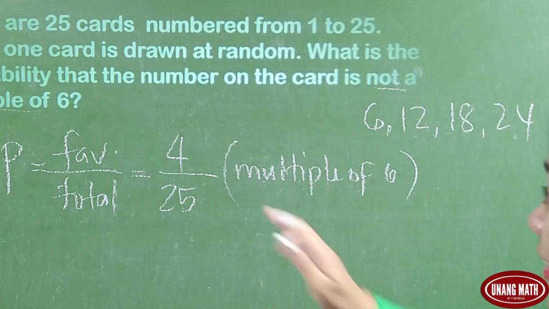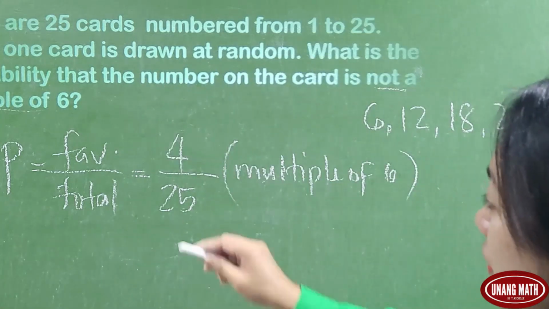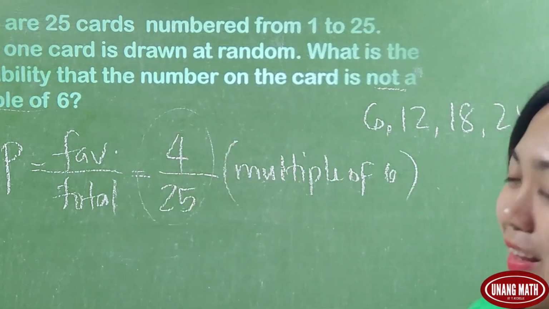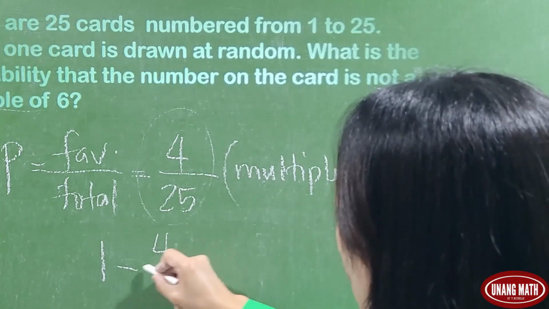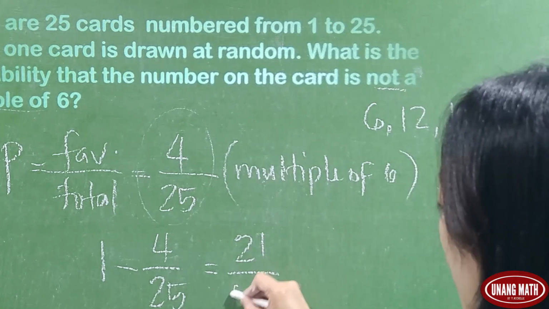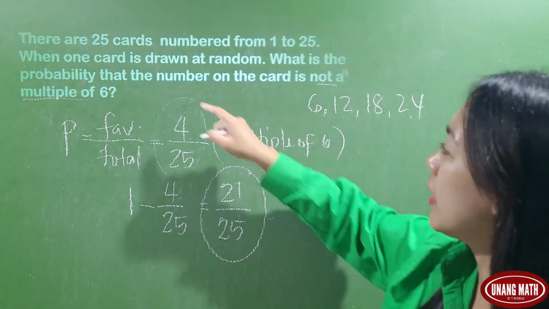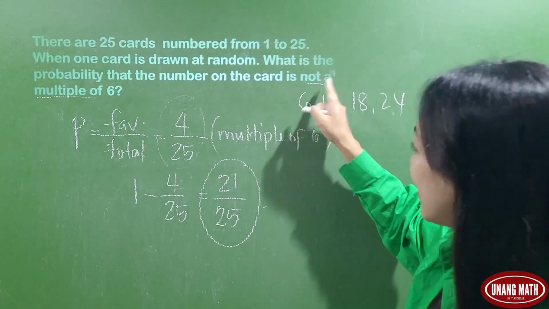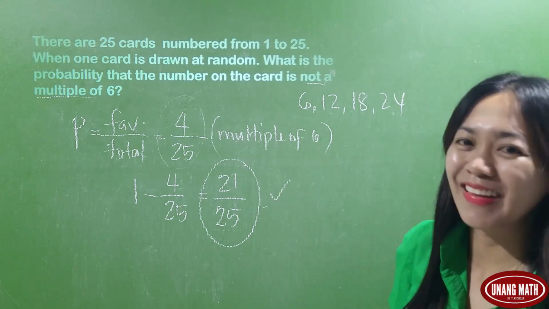Okay, so to find the probability that the number on the card is not a multiple of 6, we will be subtracting this one from 1. So 1 minus 4 over 25 is now equal to 21 over 25. So this is now the probability that the number on the card is not a multiple of 6.